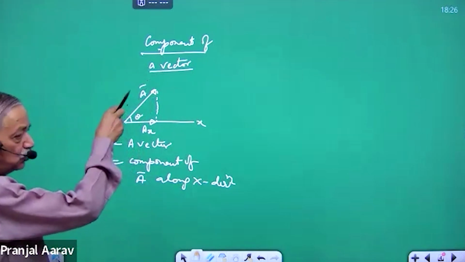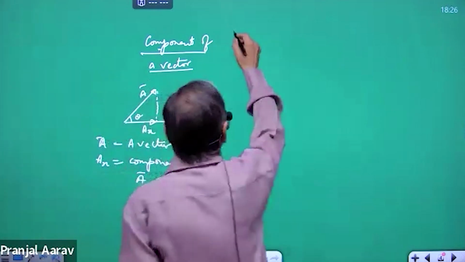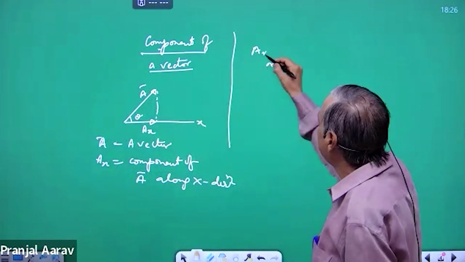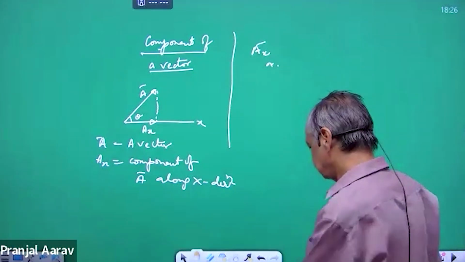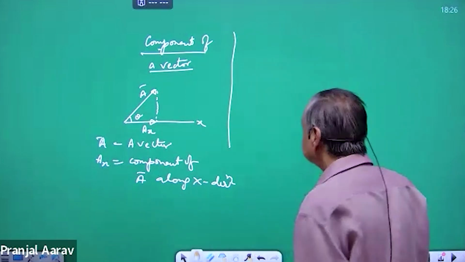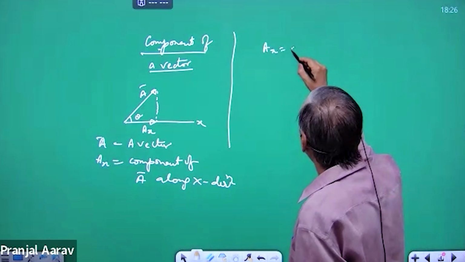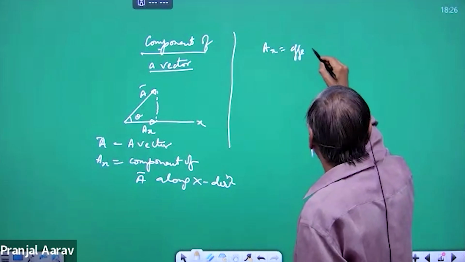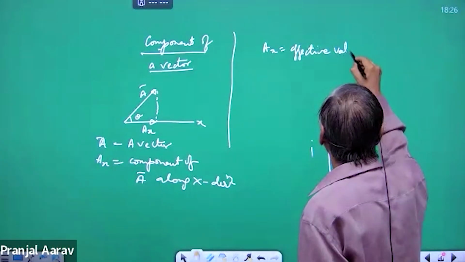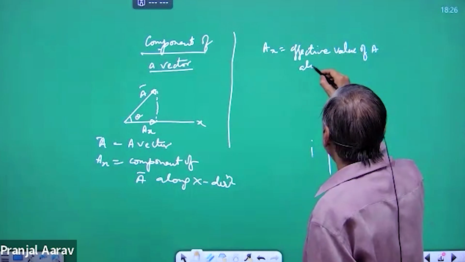And if you want to know what is the effect of A in this direction, I can write like this. AX is the effective value of A along X direction.